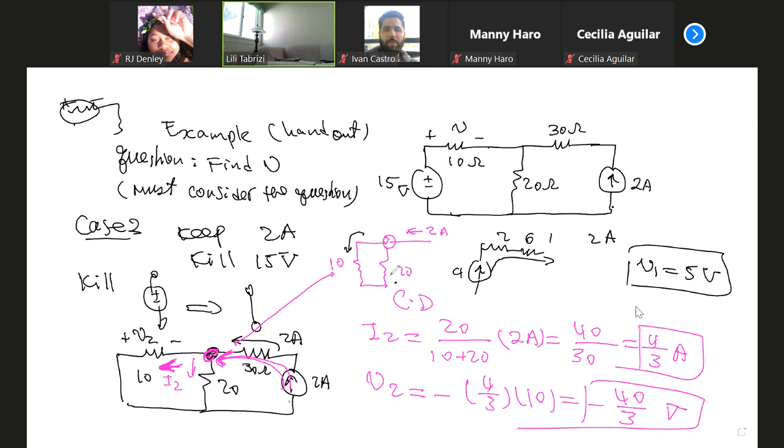But for current division, it's the other resistance, 20 divided by 10 plus 20 times 2 amp. And then this current coming from 2 amp goes along a non-passive sign. Because remember, in the original question, you are not allowed to change the polarity. It's minus plus here. Because it's a non-passive sign, you have to put a minus sign. Any questions so far?